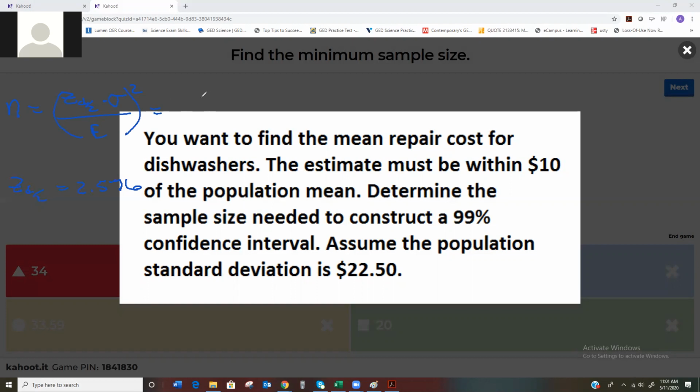Okay, so besides the Z sub alpha over 2 being 2.576, and then the sigma is 22.5. Got it. And then the E is our $10. And then you square that.